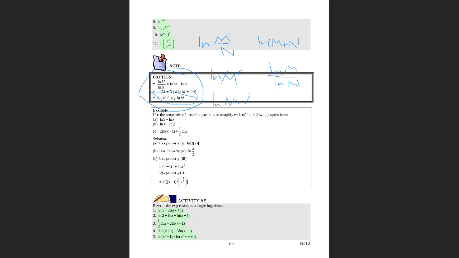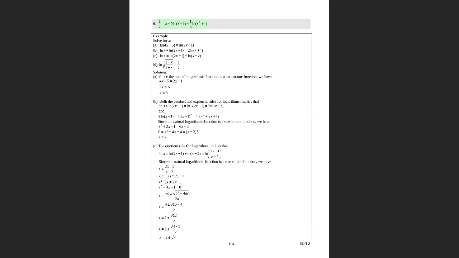Then you can bring in the x exponent half like this. You can go the law in the opposite direction. So please, it will be very easy for you to do this. Please do them yourself, and you can find the answers at the back of your book.